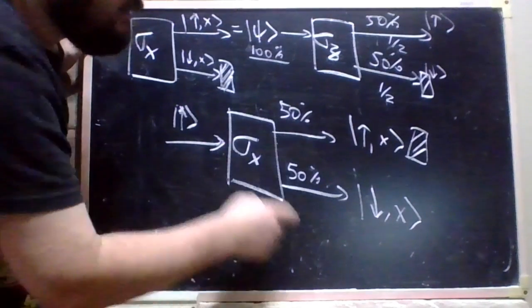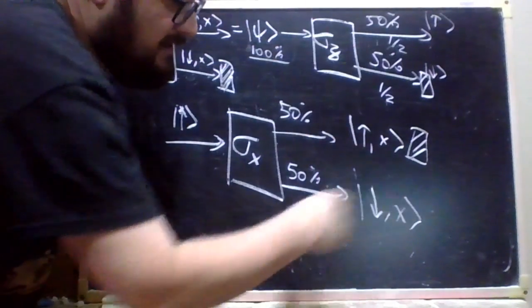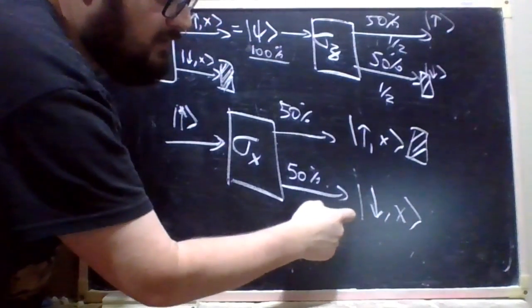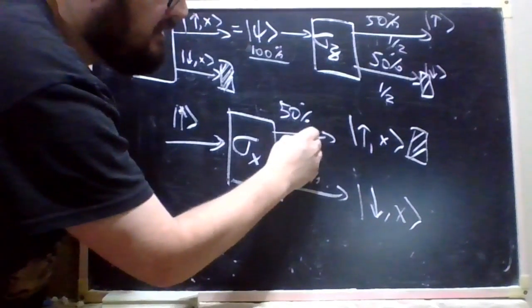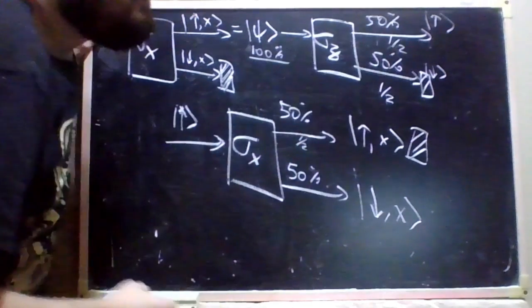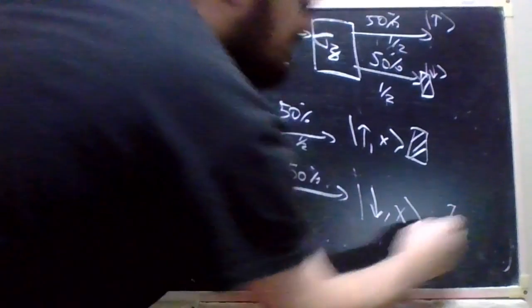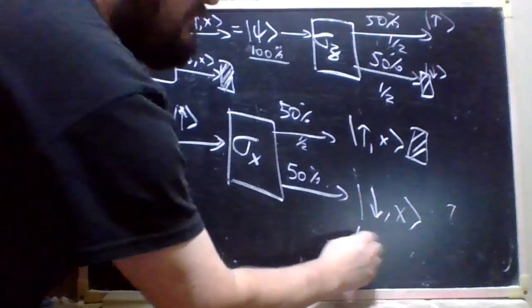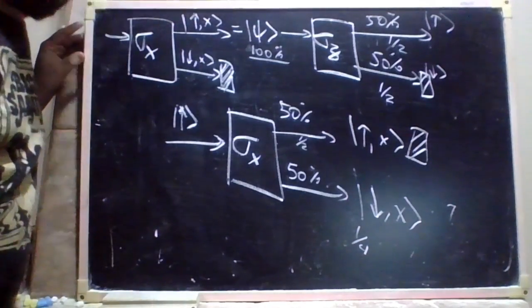And now, if you let pass forward only the down state in the x direction, you cut another half of this previous. So you would find what? 1/4 of this 100%, right?